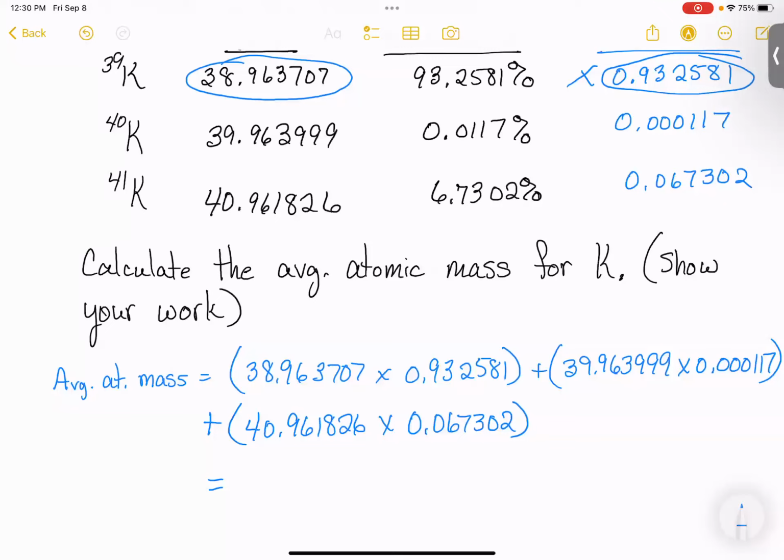And when you get done, you'll get an answer of 39.0983. If you're close, it should come out close. In this case, it was exact, 39.0983.